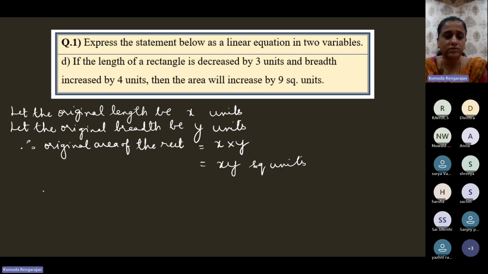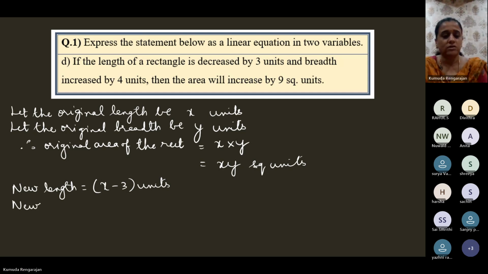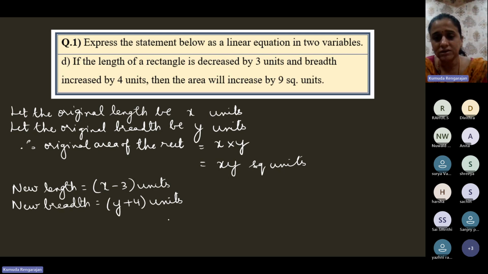Now what's the new length? New length is equal to, if the length of the rectangle is decreased by 3 units, so new length is X minus 3 units. And the breadth is increased by 4, so new breadth is equal to Y plus 4 units. Then the area will increase by 9 square units.